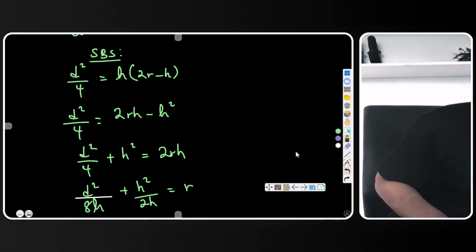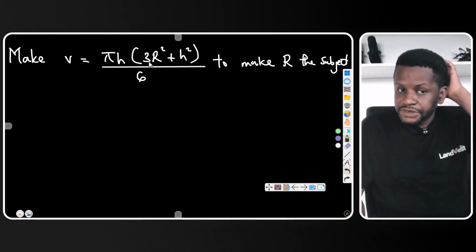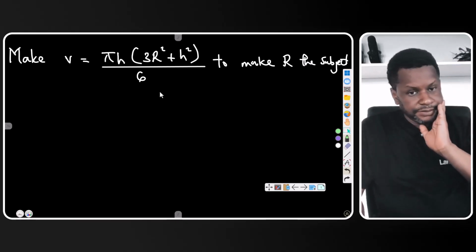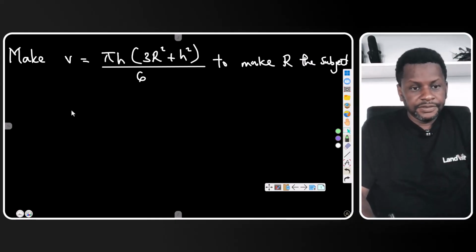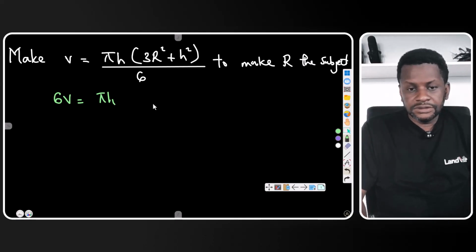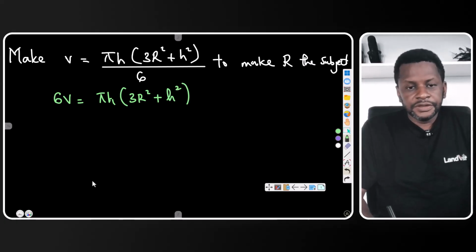All right, so here we need to make r the subject, and we have the whole equation here. First thing first, we multiply 6 times v, and when you do that, you get 6v equals pi h, open bracket 3r squared plus h squared.